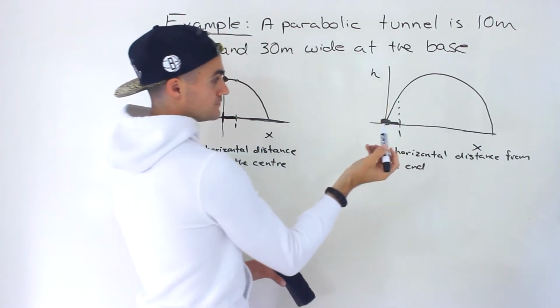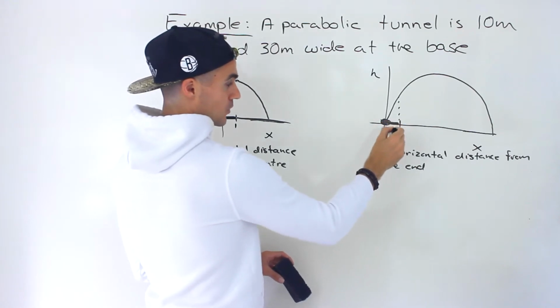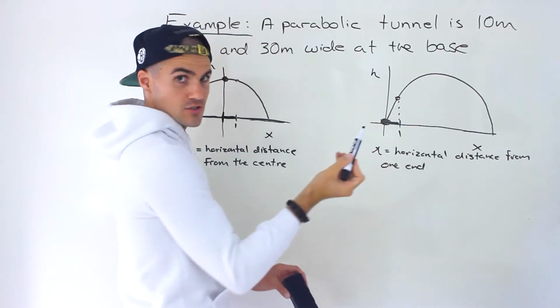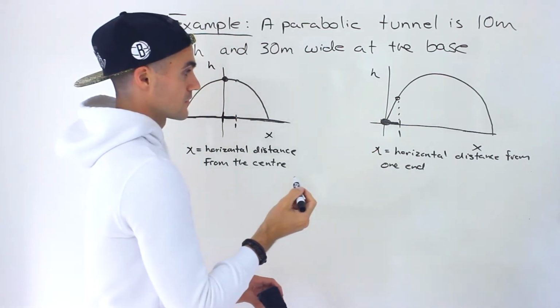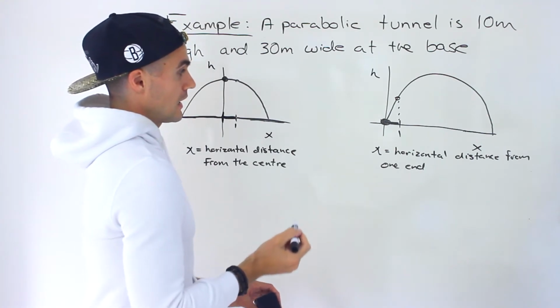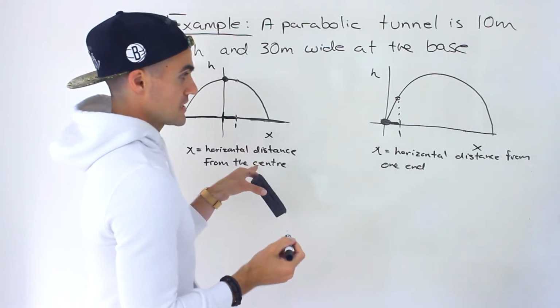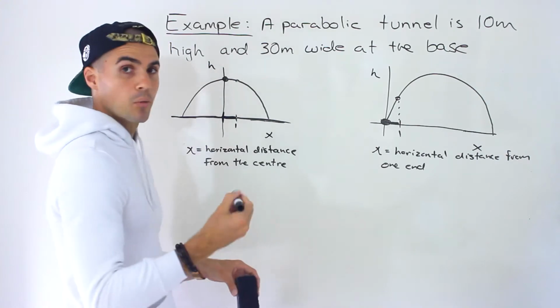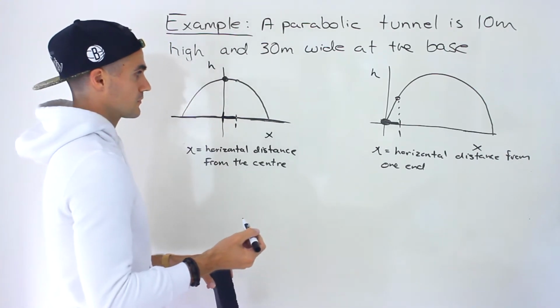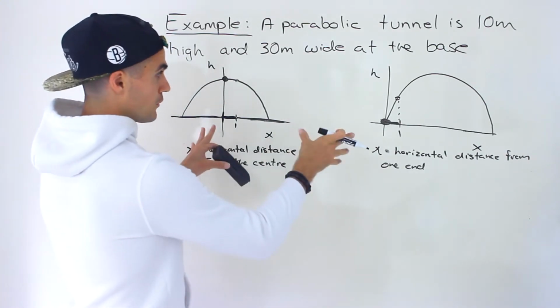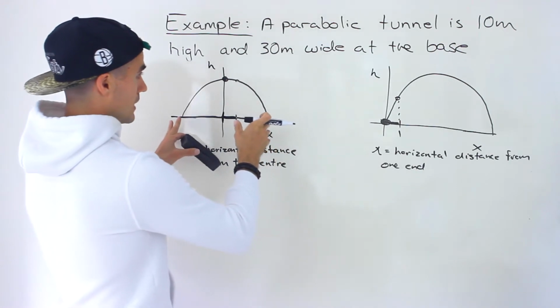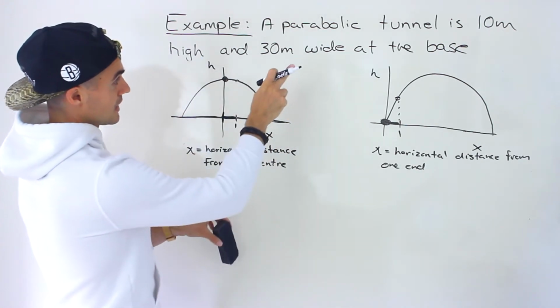Okay, and then at that horizontal distance, you'd have a certain height up there. So it's really important what the x value represents, especially when we're going to be doing part B. Okay, now for both of these, it's going to be the same scenario.